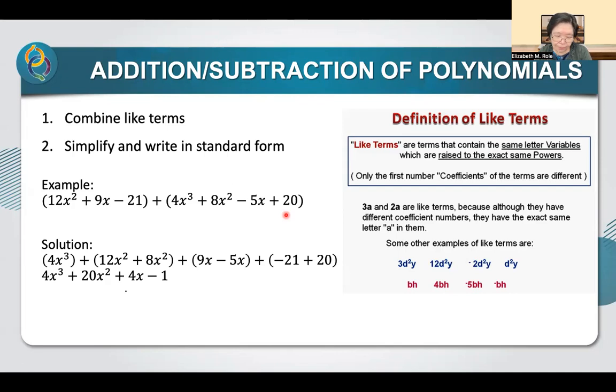So 12x squared plus 8x squared is 20x squared. 9x minus 5x is 4x. Minus 21 plus 20 is minus 1. So it's as simple as that. Just combine like terms, then add or subtract them, and write in standard form.